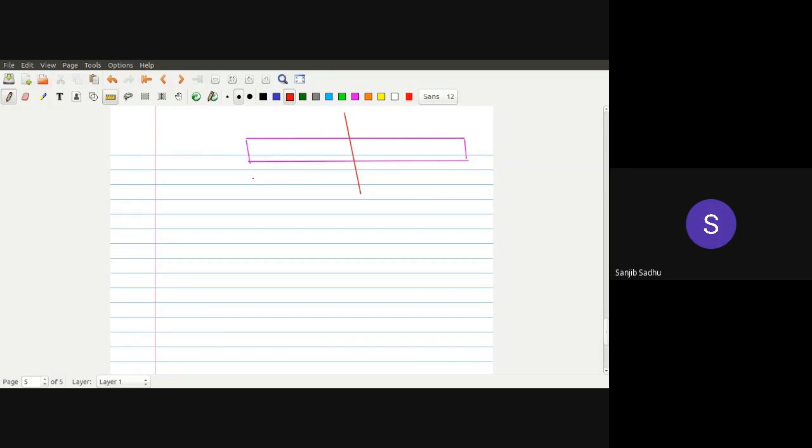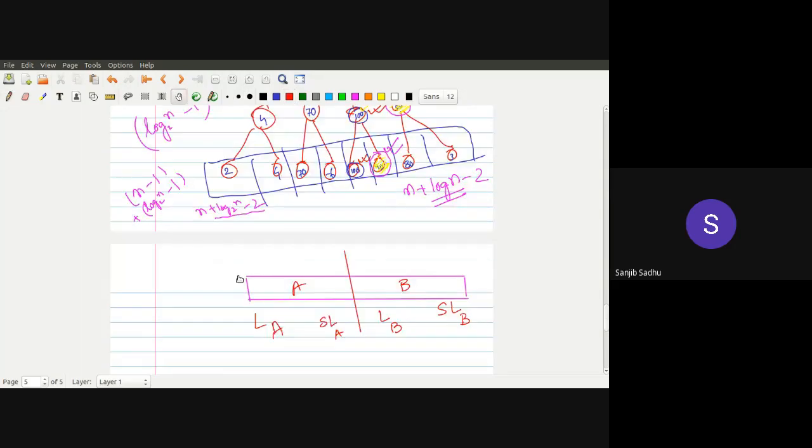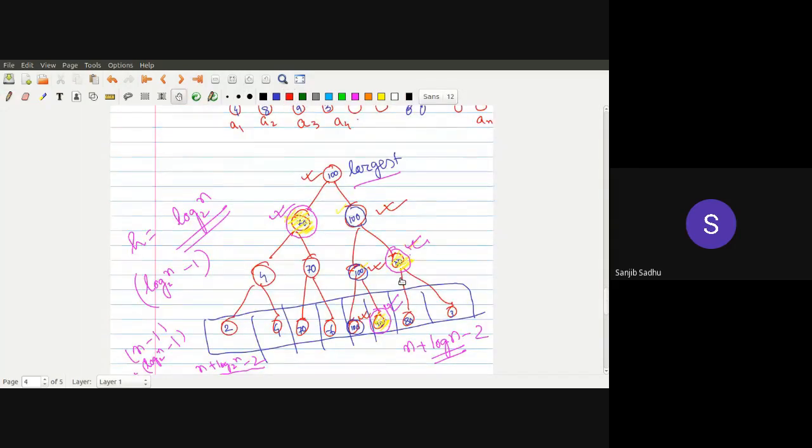You find the largest, this is A, this is B, and you also find the second largest, and again you compare. You can find something like that, just like the previous 3n by 2. But I am saying that instead of designing this, if I design like this, then the time complexity will be reduced. Is it clear?